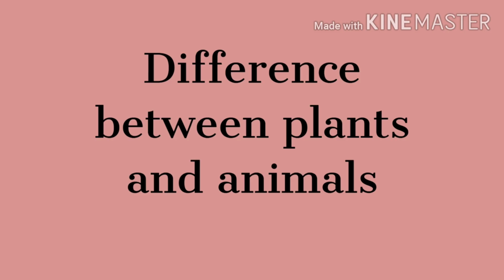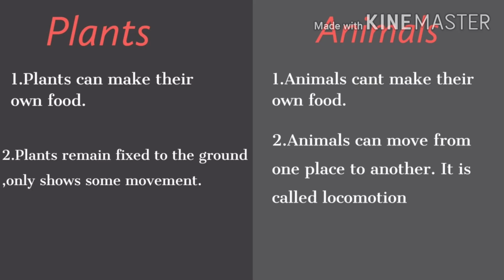Now let us understand the difference between plants and animals. Number 1. Plants can make their own food, but animals can't make their own food. Number 2. Plants remain fixed to the ground, only show some movement, but animals can move from one place to another.